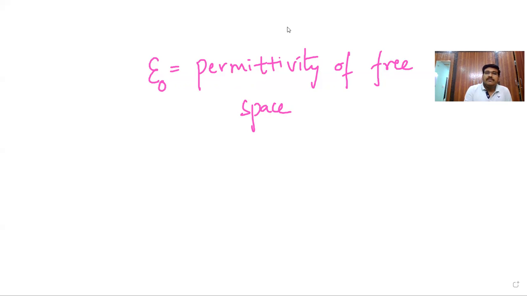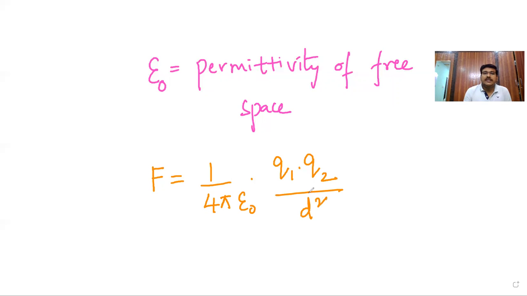We know that the force between any two charges, either force of attraction or force of repulsion, is given as 1 by 4 pi into epsilon into Q1 into Q2 by d square, where d is the distance between them. If I simplify this, epsilon becomes Q1 into Q2 divided by 4 pi into F d square.